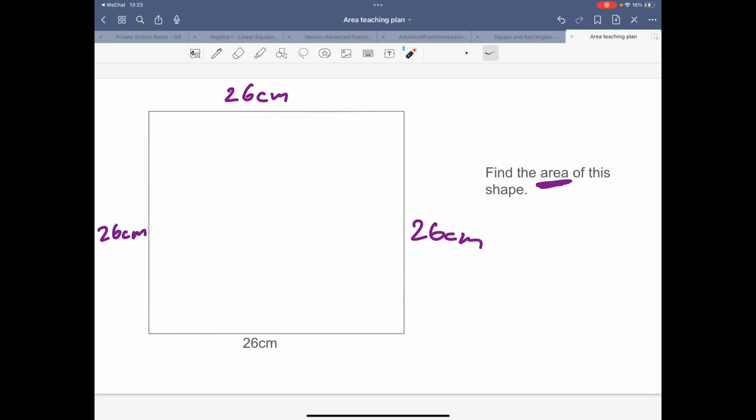But since you're just a starter in area, we'll just do the basics: length times width, which is 26 times 26. So let's write down the equation. 26 times 26. So now we're going to find out the answer. I'll do the answer here.